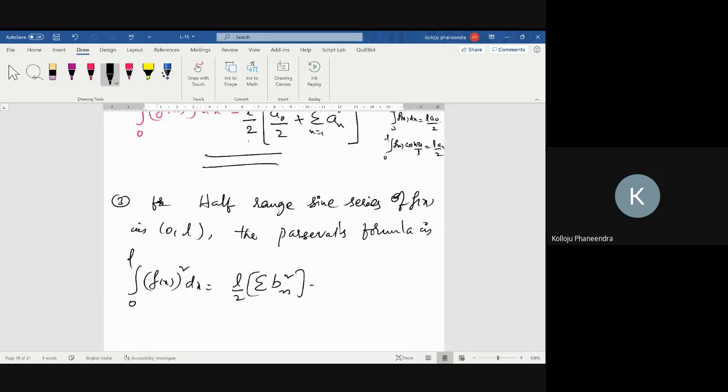That means L by 2 times b1 square plus b2 square and so on.